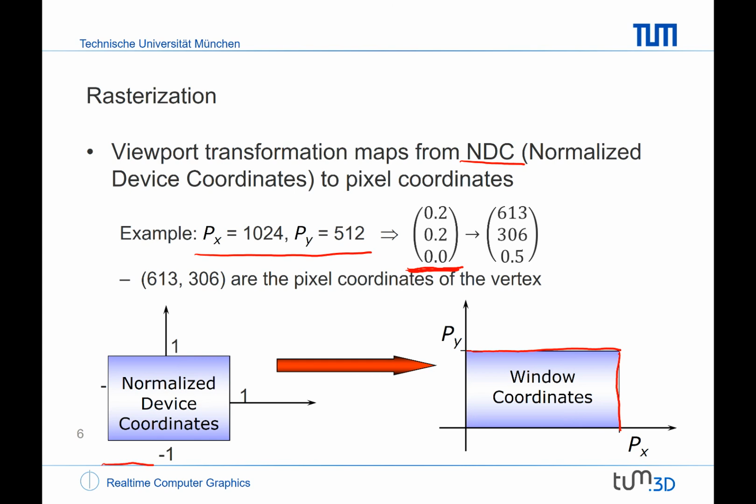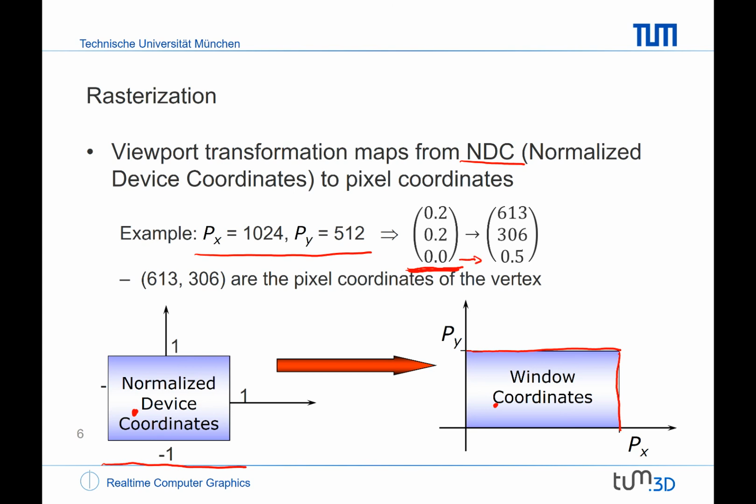So here you have the normalized device coordinate space ranging from -1 to 1 in each dimension. And then if you have, for instance, a projected coordinate here, then you want to map that coordinate now to the corresponding location in the window coordinate space, where it now gets assigned a pixel coordinate or a pixel integer index. So the only difference in the transformation is what we see here.